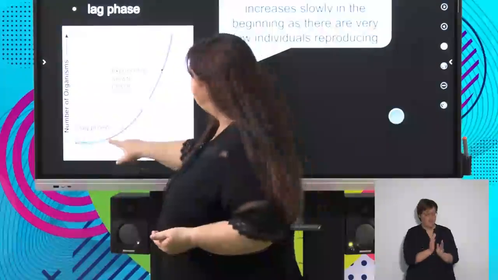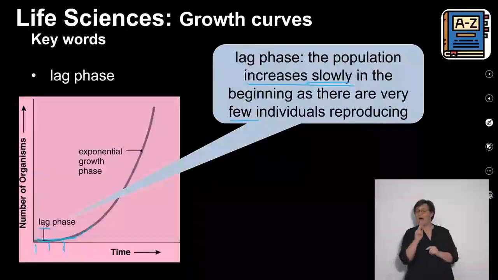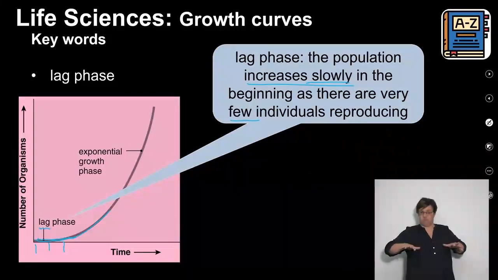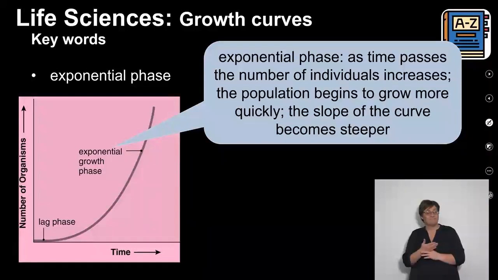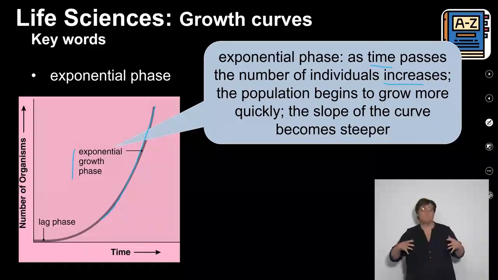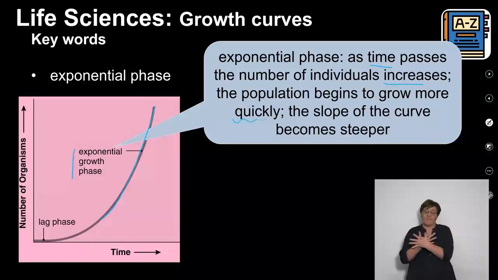But over time, we see that this growth rate accelerates. And we enter this stage, which is called the exponential growth phase. This means that as time passes, the number of individuals increases and the population begins to grow quicker and quicker. And so that means that our curve becomes steeper and steeper.